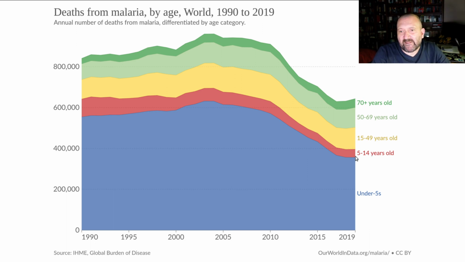The least impacted are those 5 to 49. After 49, when you get a bit older, your immune system starts to not deal as well with repeated exposures, and that's why these age groups start to increase a little bit compared to the 5 to 49. But overwhelmingly, kids under 5 are the ones that are most affected by malaria.